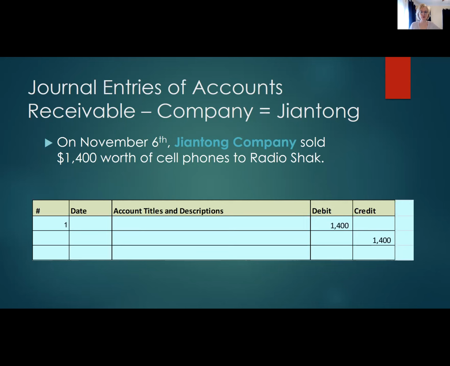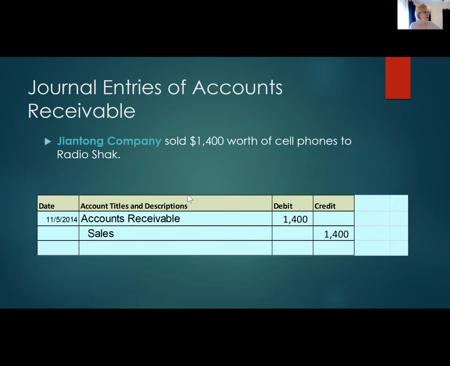So let's do the sales side first. So it's accounts receivable, and what's the other side to that? Because this is at the selling price. Service revenue? Is that correct? It is sales revenue, because it's cell phones. So it's going to be sales. Okay, so accounts receivable and sales.